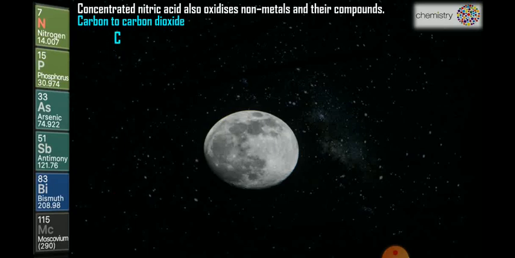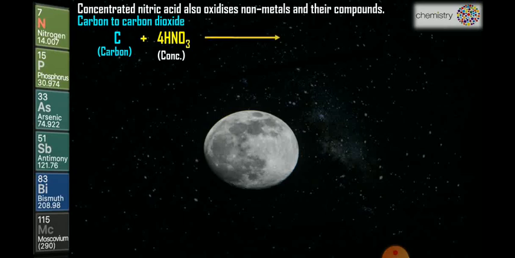The reaction is like this. Carbon C plus 4HNO3 nitric acid. Here we are taking only concentrated nitric acid for the reaction of non-metals, because these are mentioned in your textbook. Reaction of dilute acid with non-metals is not mentioned. Don't worry about that.